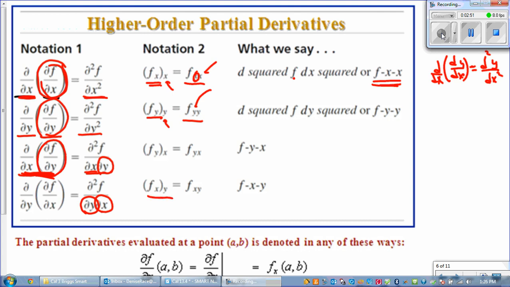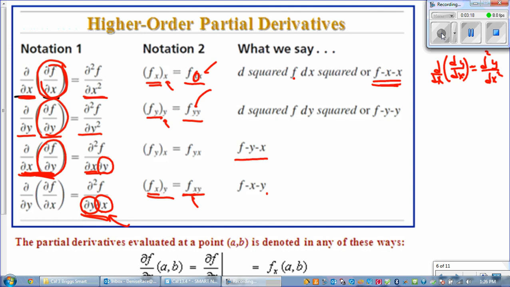But in this other notation, the subscripted notation, you're doing the partial with respect to x first, which is the first one. So be aware of that. So this would be f sub x y, and this one would be f sub y x. In this notation, the one furthest to the right is done first, but in this notation, the one closest to the f is done first.